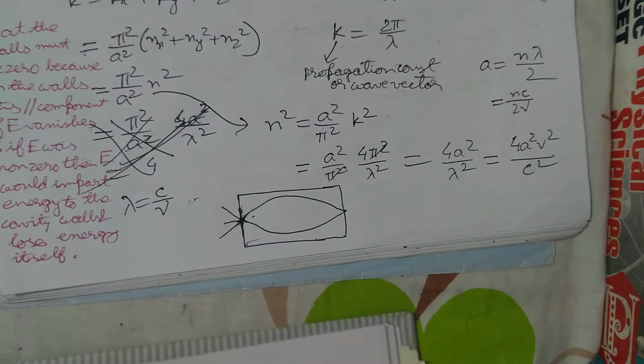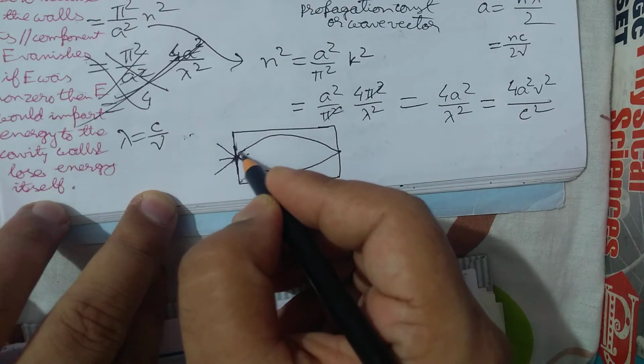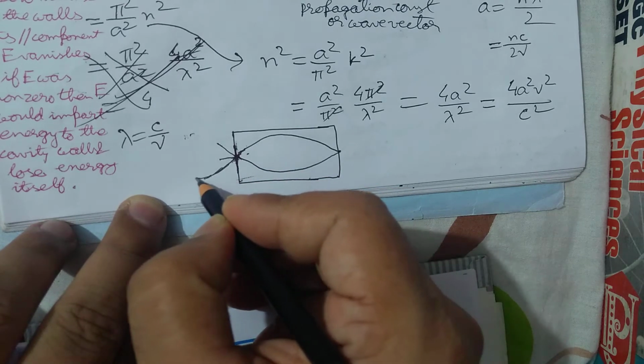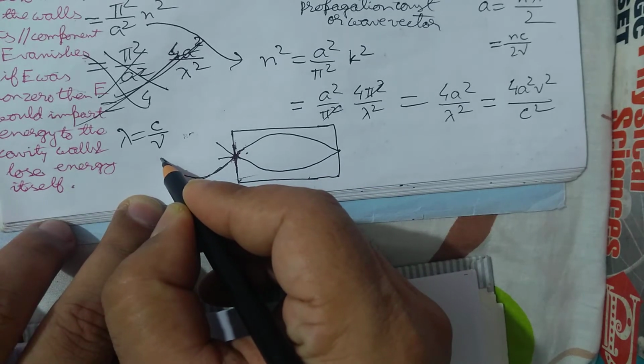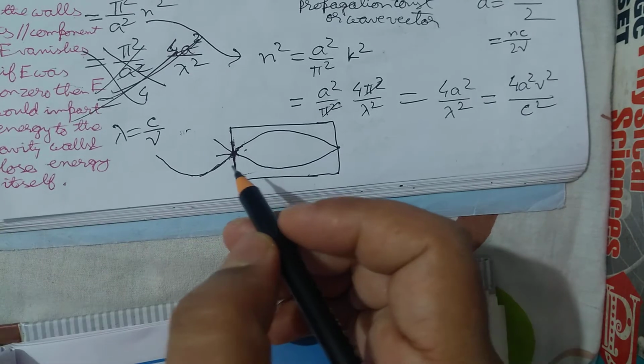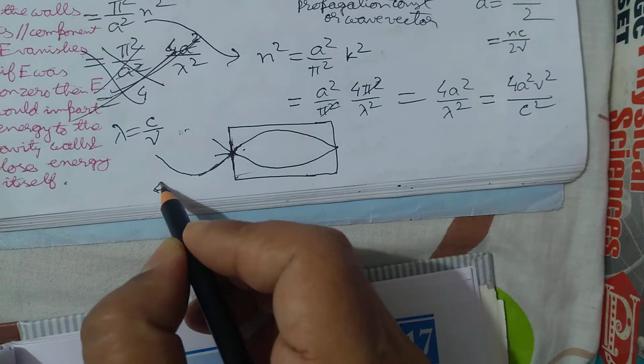So from here what do you get actually? If you take this wave, how does it look like? Like this. So this entire thing, how much is one complete wavelength?